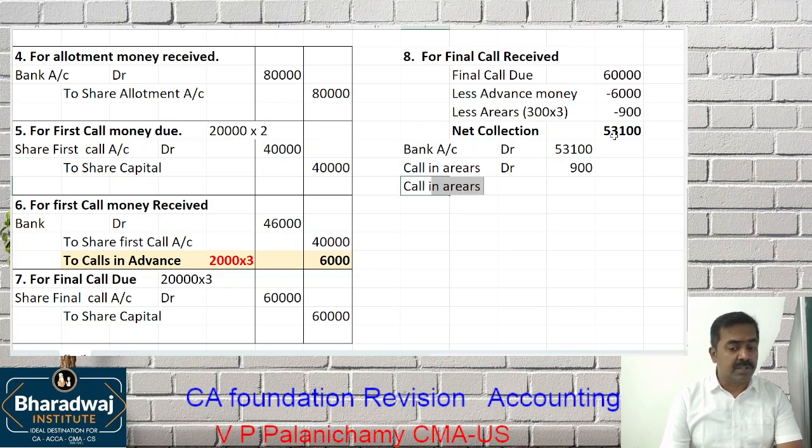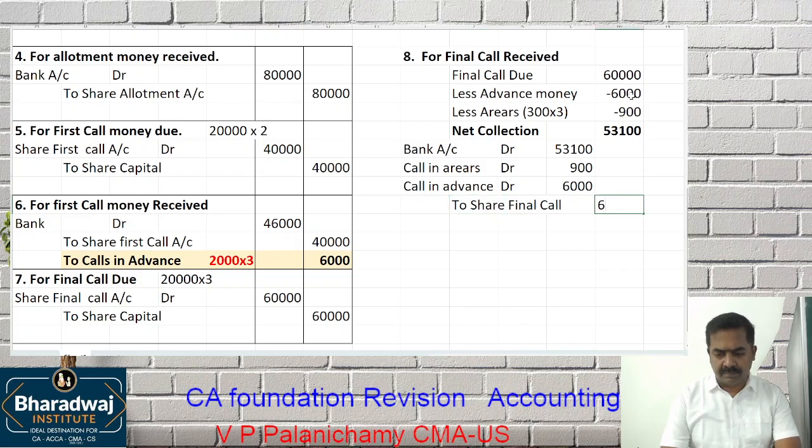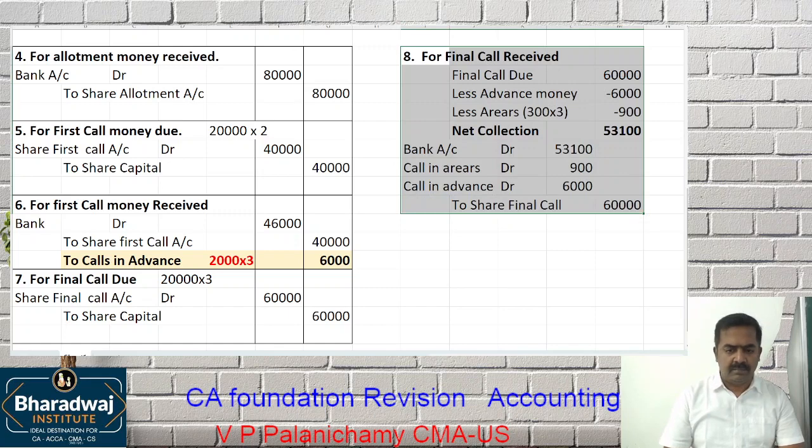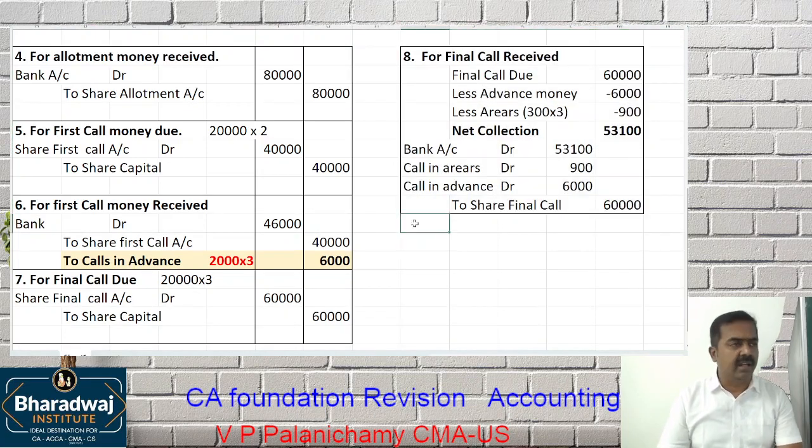And we have to close calls in advance also. Calls in advance will be closed here. To share final call. Since they said ignore the dates, we are not maintaining the date column. Okay, Bala.